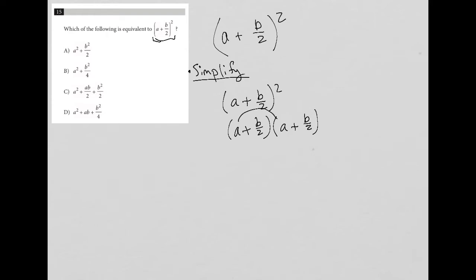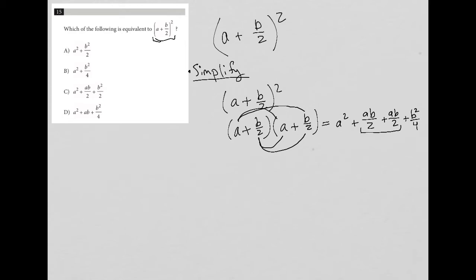A times a is a squared. A times b over 2 is ab over 2. And then b over 2 times a is also ab over 2. And then b over 2 times b over 2 would be b squared over 4.